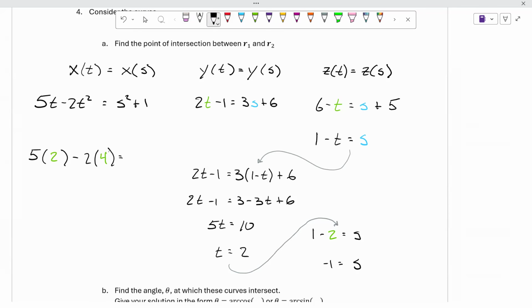I need to check if that's equal to -1 squared, which is just +1, plus 1. Let's see what we get. 10 minus 8 is 2, equals 1 plus 1, which is also 2. Brilliant. That worked. Put a check mark right there.